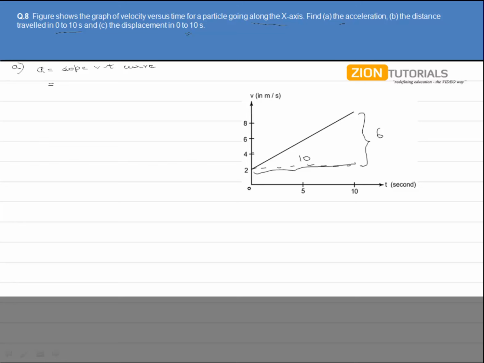So we can have the acceleration as 6 upon 10, that is the slope of this straight line, that is 0.6 meter per second square.